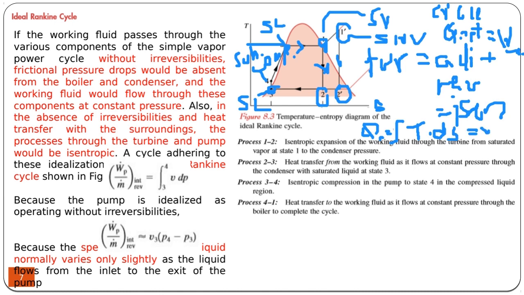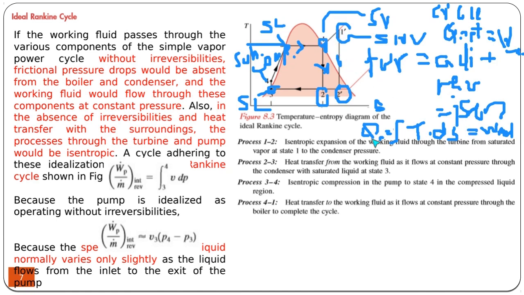As you can see, the area under the saturated vapor curve here is less than the area under the superheated vapor case, which means by superheating, not only are we protecting the turbine from wet vapor, but also we are increasing the work, which means also efficiency.